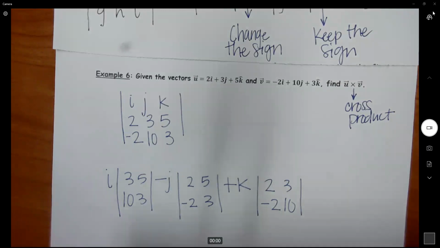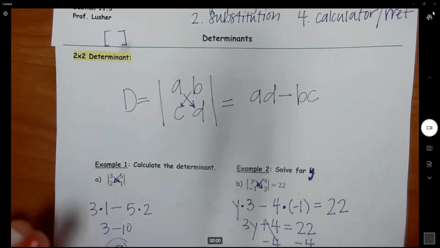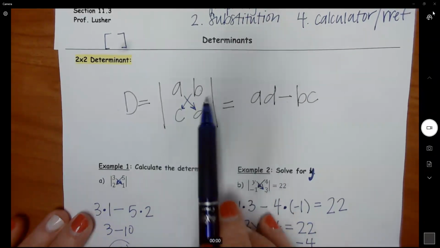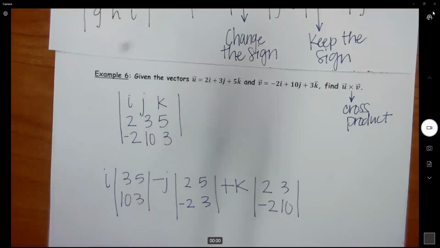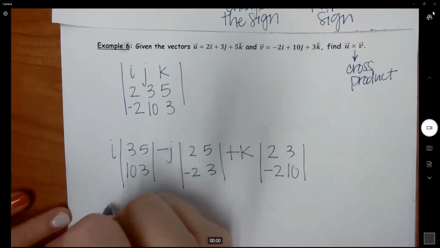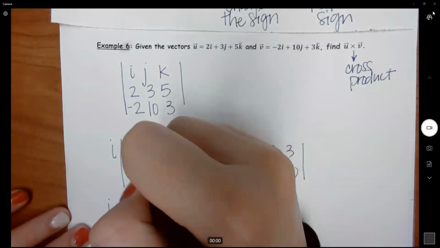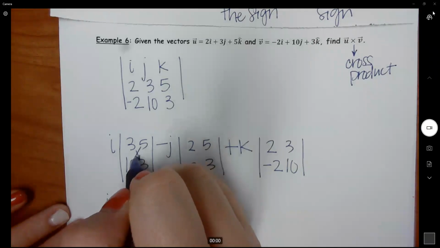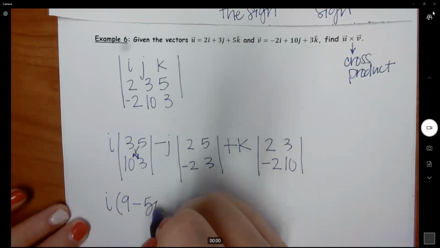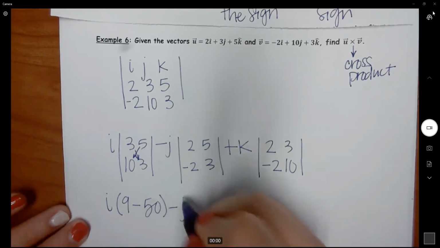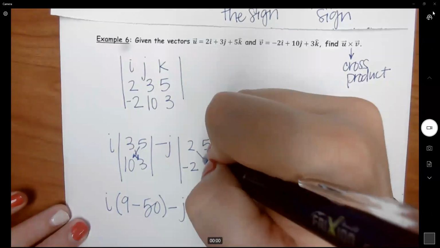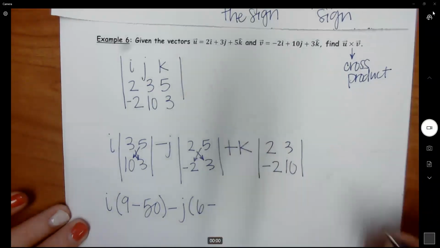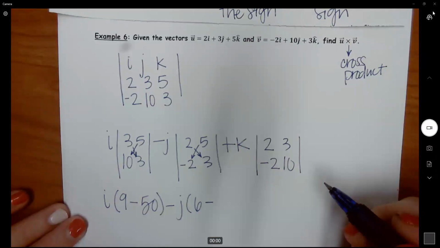Okay, so now we are using the 2x2 determinant, which is the product of AD minus the product of BC. So here we have AD is 3 times 3, which is 9, minus from my formula BC, which is 50, minus j, A times D, which is 6, minus from my formula 5 times negative 2, which is negative 10.